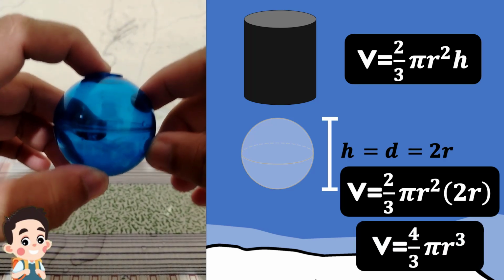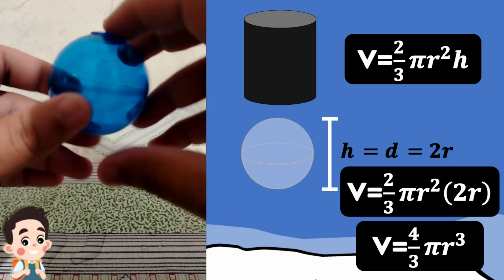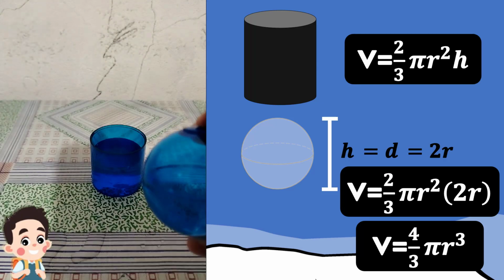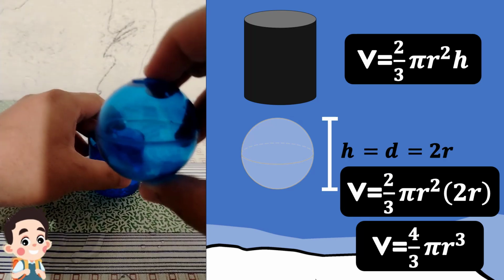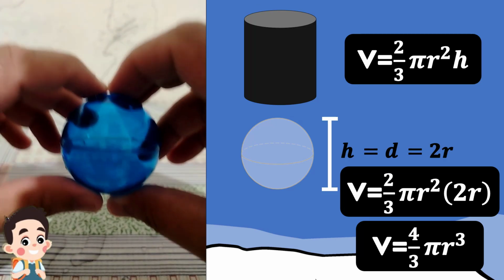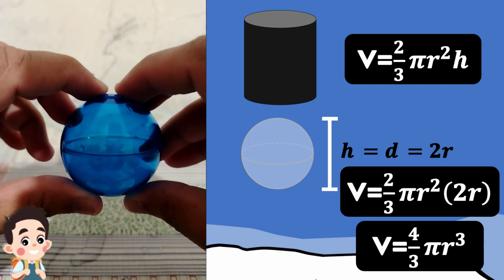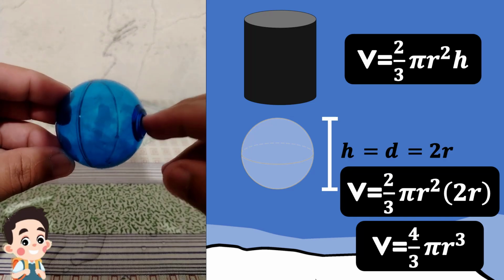And there are 3 r's now. That is why the final formula for the volume of a sphere, looking into its relationship with the cylinder, taken out with the relationship of the cone, is just equal to 4/3 pi r cubed. This is the secret in the formula for the volume of any sphere.